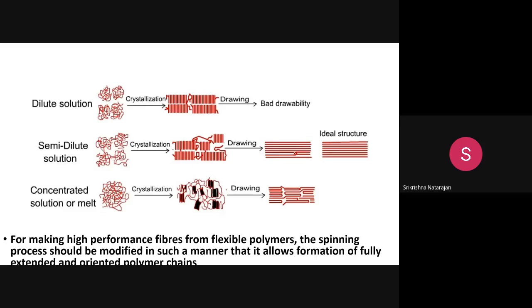But after drawing, it will lead to poor drawability, because when you do the drawing, it will be difficult to unfold, because at some places there will be a coiled or globular type of structure, so it will be difficult to unfold it, because stress will not easily pass from one polymer chain to another. It will not easily pass over. So that will lead to bad drawability. If it leads to bad drawability, you will not get the strength.